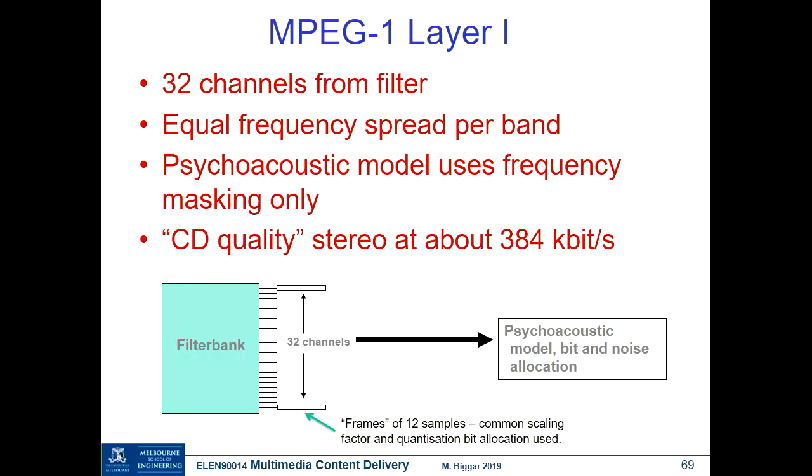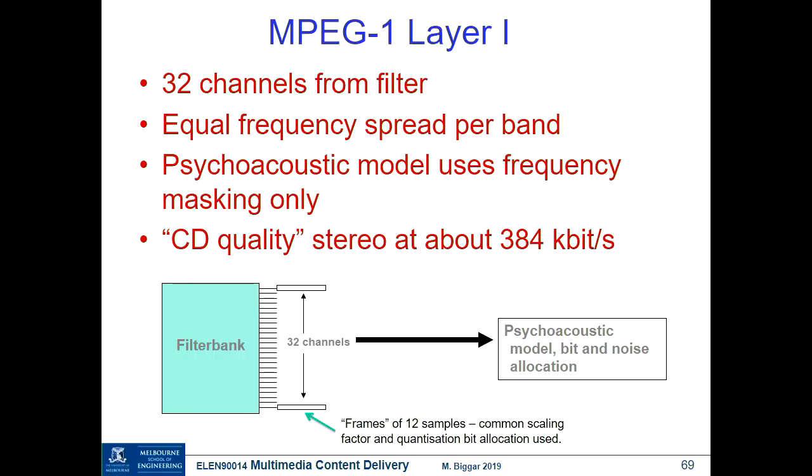So in the case of the frequency-based decomposition for this MPEG-1 layer 1, there were 32 channels defined, and no attempt to exploit any temporal masking. It just split an input number of samples across 32 channels, and looked at the simultaneous masking, or frequency masking, that occurs between them.